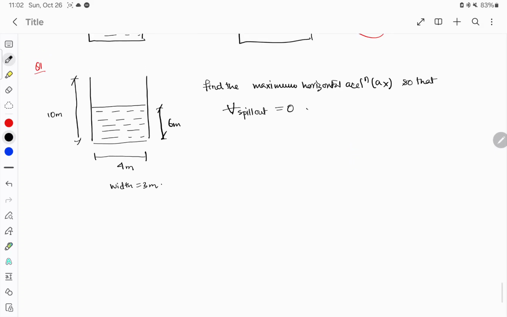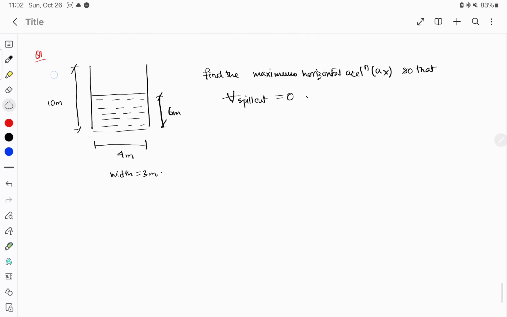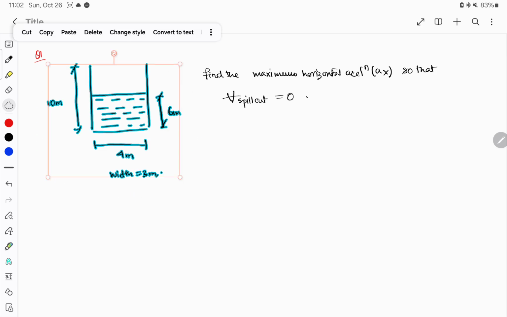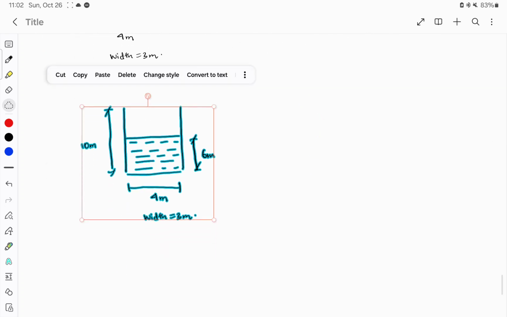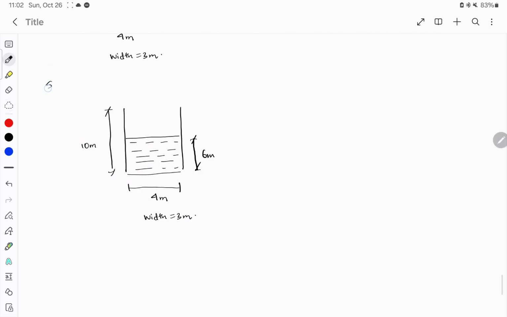So we have to be very careful in this question. अगर इस कंटेनर को लेते हैं, सॉल्यूशन में और बोलते हैं कि वॉल्यूम स्पिल आउट नहीं हुआ लेकिन मैक्सिमम एक्सेलरेशन चाहिए, ax निकालना है मुझे, max, ठीक है? सो अगर वॉल्यूम स्पिल आउट नहीं होना चाहिए तो इसके एज तक जाएगा पूरा, राइट?